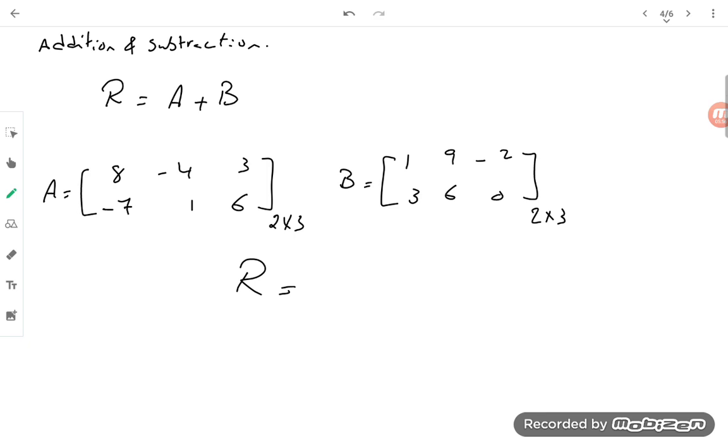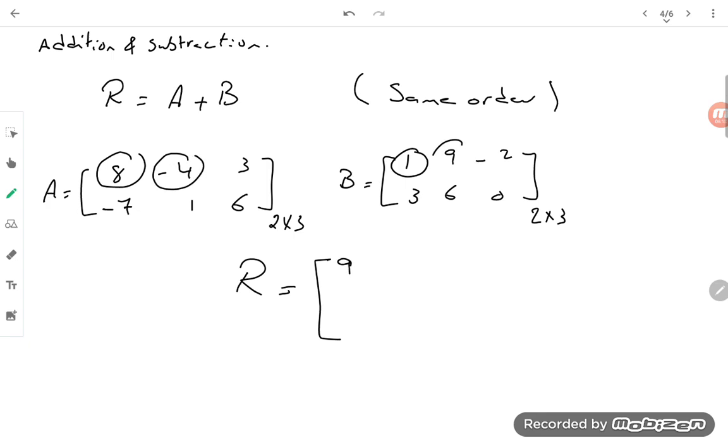In case of summation, A and B must be of the same order. So in this case, we are going to add 8 plus 1, which is 9, negative 4 plus 9, which is 5, 3 and negative 2, which is 1, negative 7 and 3, which is negative 4, 1 and 6, which is 7, and finally 6 and 0, which is 6.